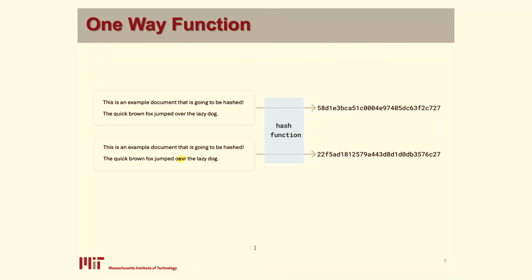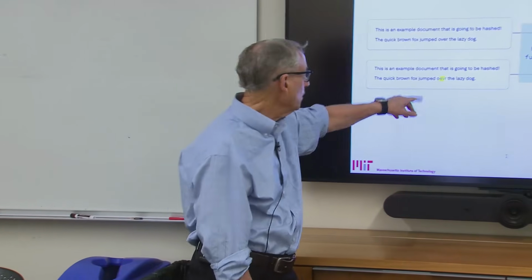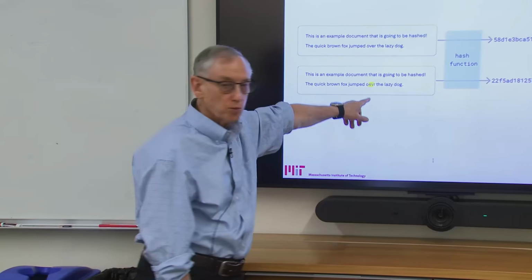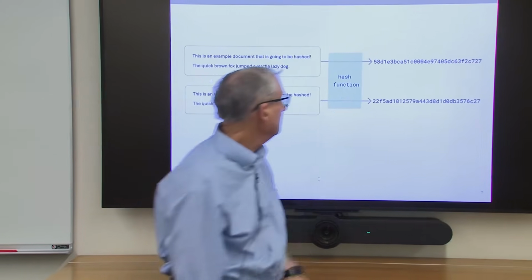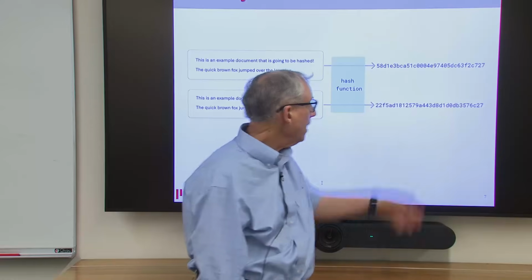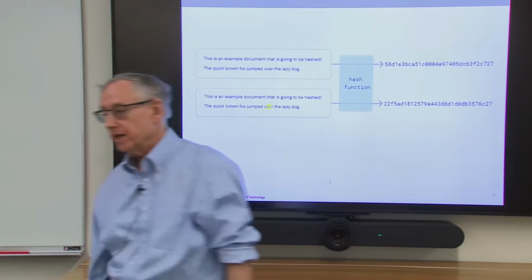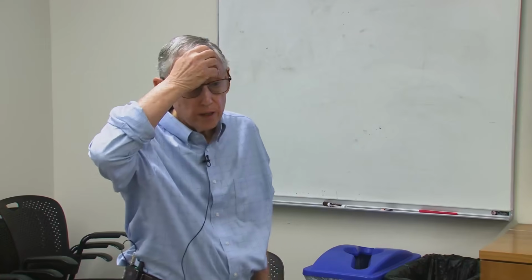But suppose you slipped and there's a little typo in this word over, and you can scan this for a while and try to see some similarity in the ciphertext, but there is none. That's the point.